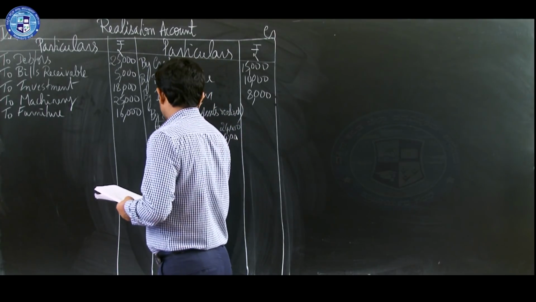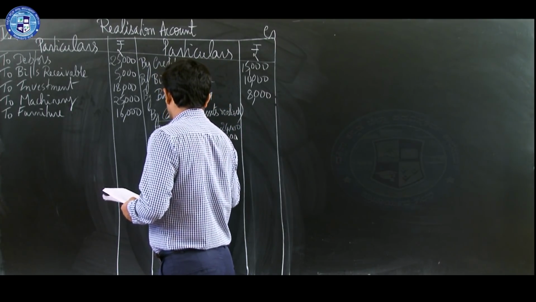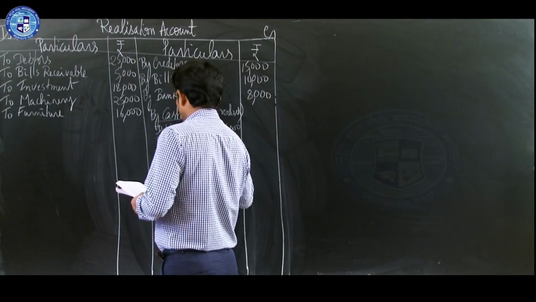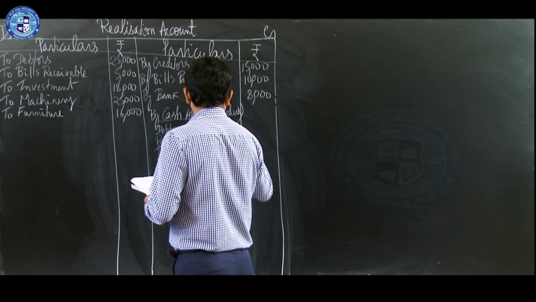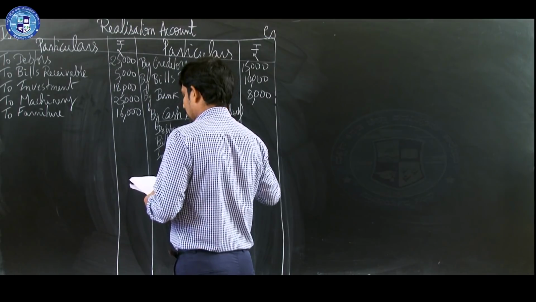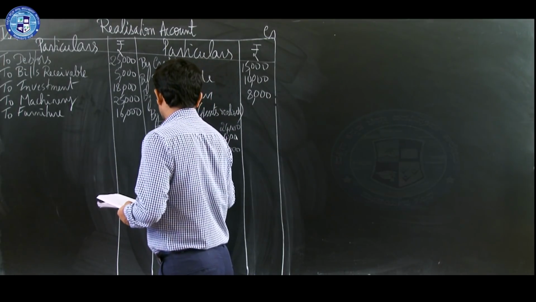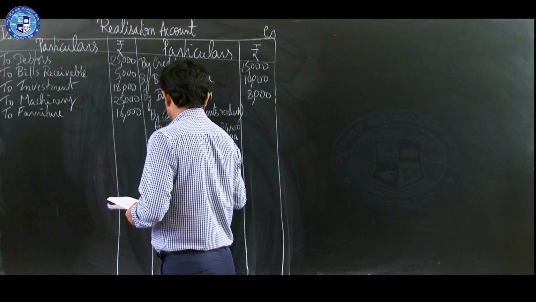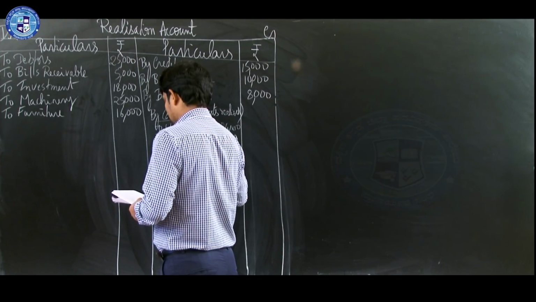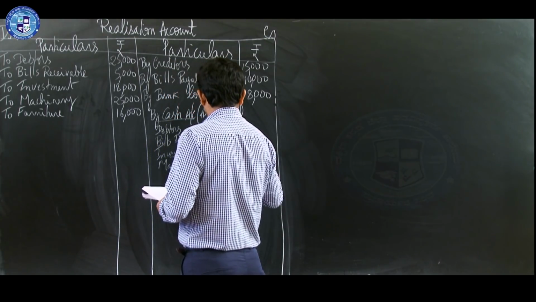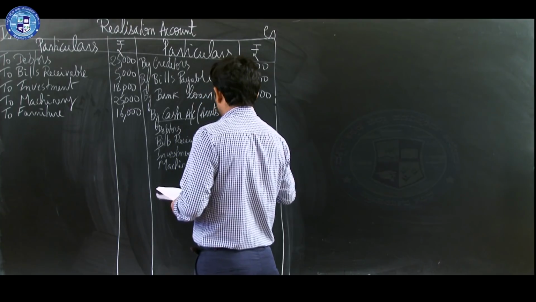Then investment 15,000. Then machinery 22,000. So 4 assets are realized here.